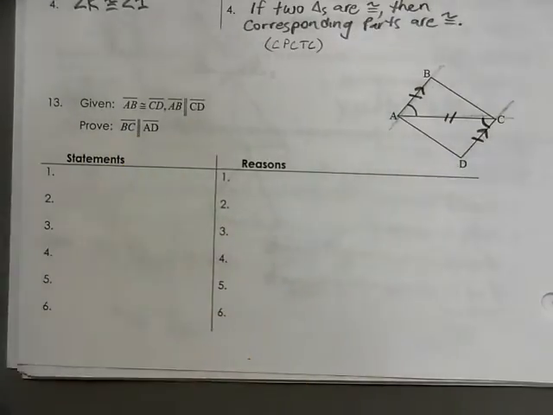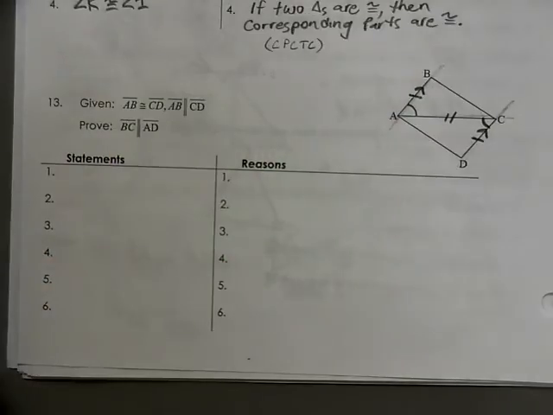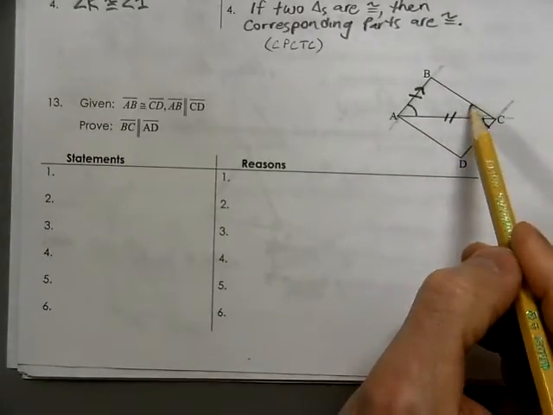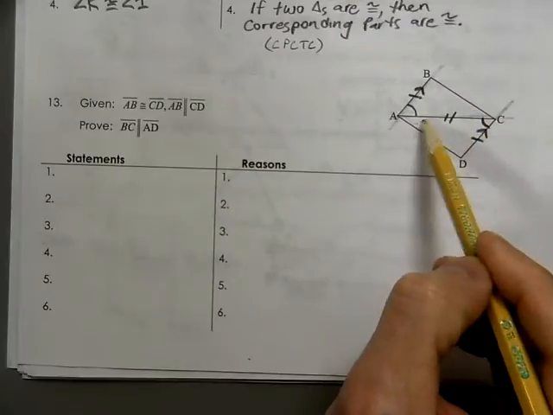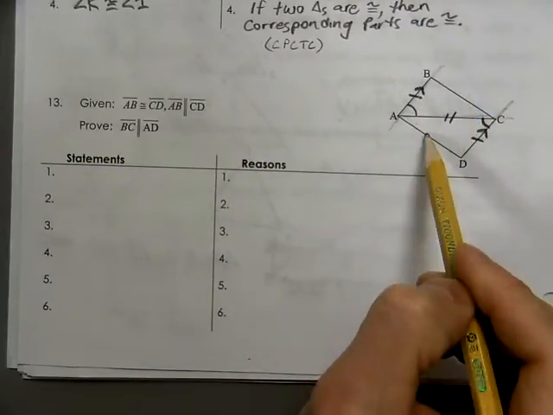Well, how am I going to show something parallel? I could show them congruent, but how could I show them parallel? To be parallel, they have to have alternate interior angles congruent. Now I can't use the original ones because we're talking about different lines.